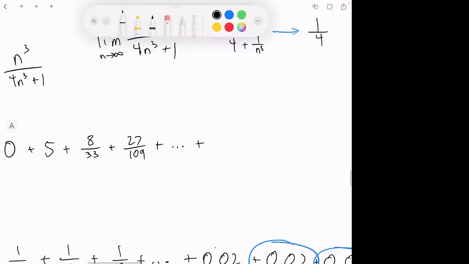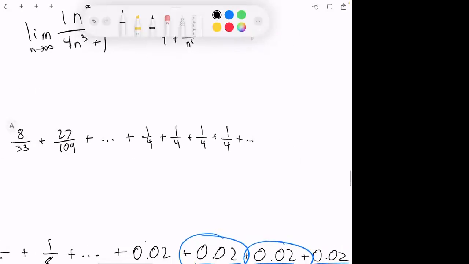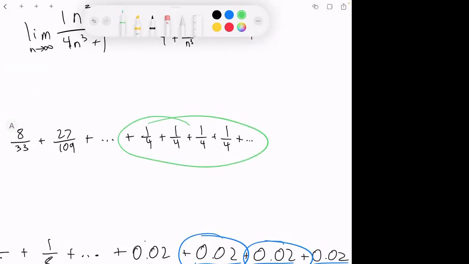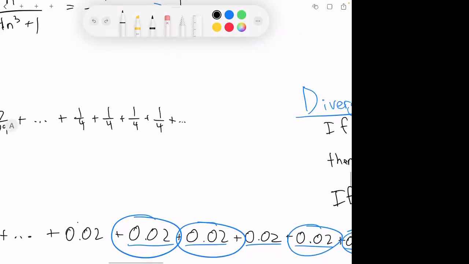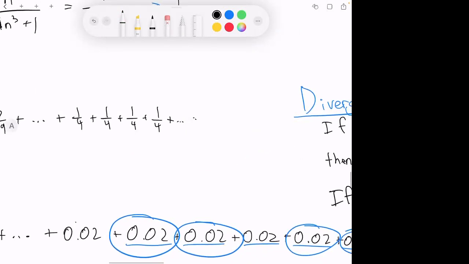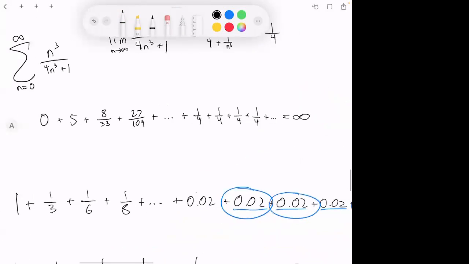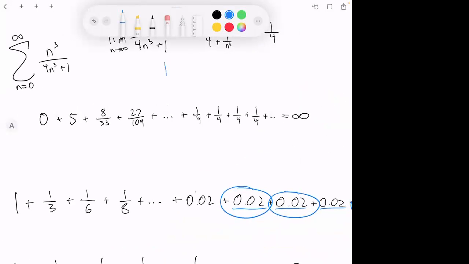But in the end, it's just like you're adding together a bunch of 1/4s, because those terms get closer and closer to 1/4 as you go along. You can imagine that the infinite tail behaves like this, because that's what those terms are approaching. Since they're not approaching 0, they're approaching 1/4, if you add a whole stack of 1/4 together that never ends, that surely is infinity. In other words, this series diverges by the divergence test.